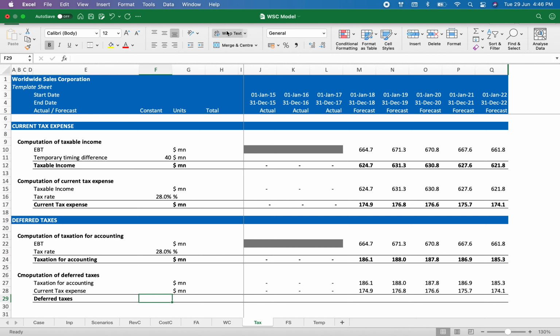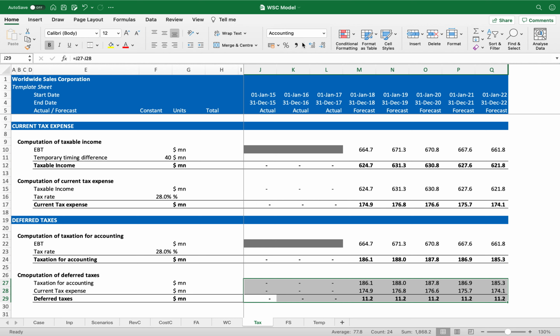Deferred taxes, simple: tax for accounting minus current tax expense. This is the tax that I am deferring, and this will be paid by me once these temporary differences recover.